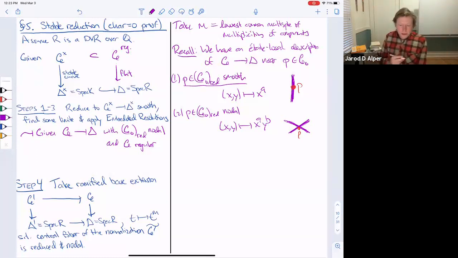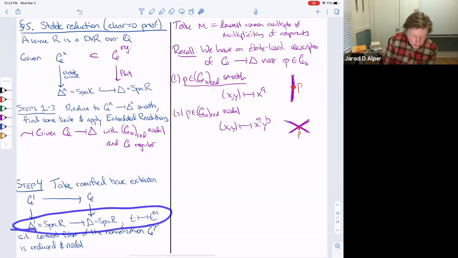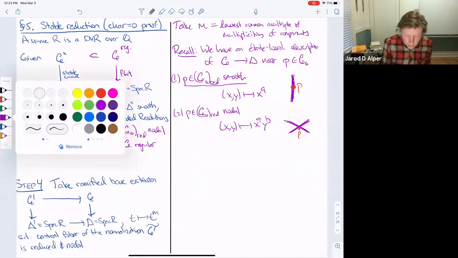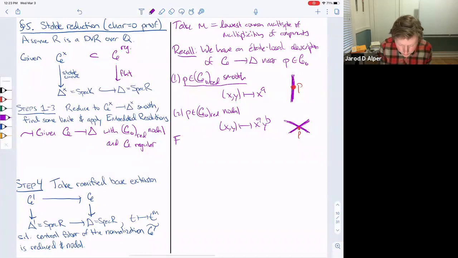We're taking the base change, t goes to t to the m, and what we'd really like to understand is not just C prime, but its normalization. So this is a local calculation.